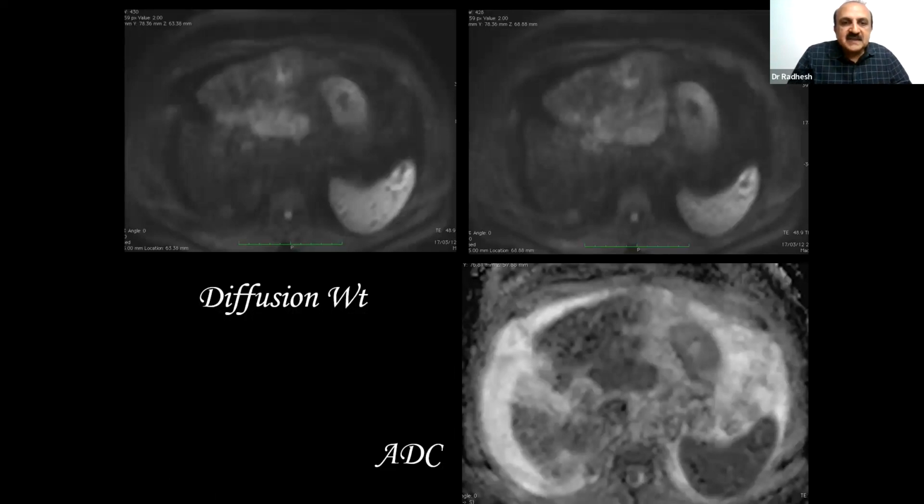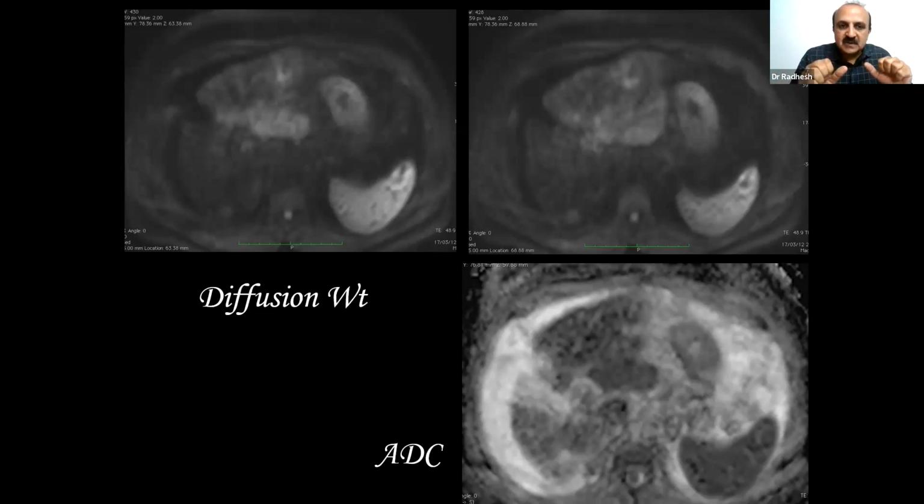Now what is a diffusion weighted sequence? Diffusion weighted sequence is evaluating the restriction to the movement of hydrogen protons. If you take CSF, CSF is liquid, so the hydrogen protons in the CSF can move wherever they want to. There is a randomized movement of the hydrogen protons because there is only fluid, there is no solid to prevent the movement.